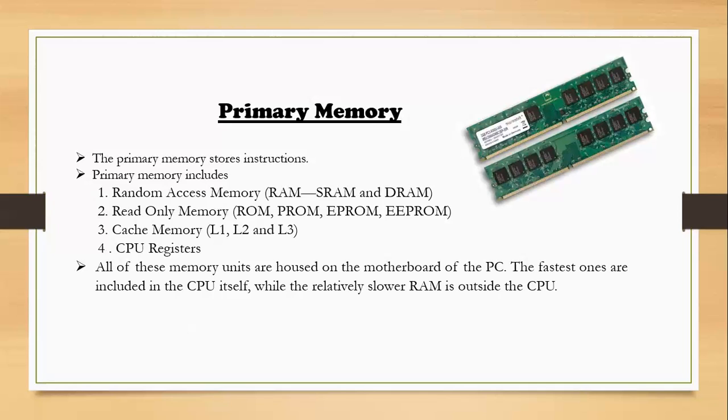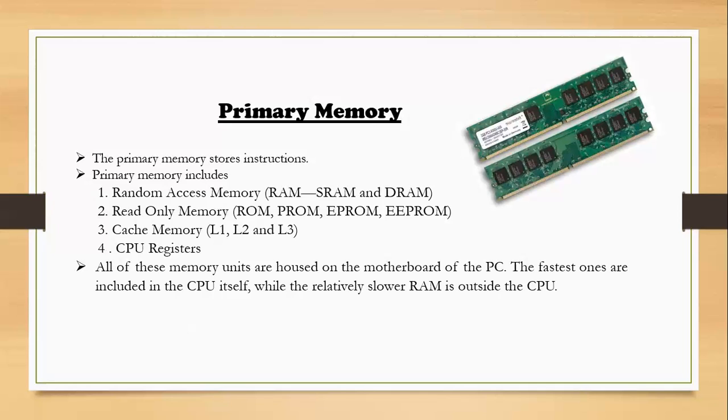Whenever the central processing unit searches, we'll call it fetch. The instruction execution cycle includes 4 steps: fetch, decode, execute, and write back or save. These are the 4 steps.